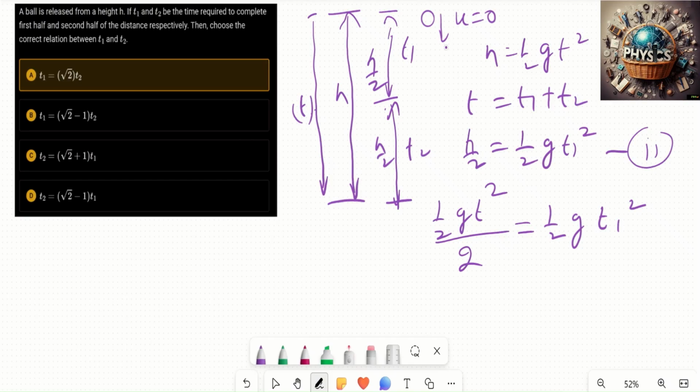Now this t being t1 plus t2, so half g anyways we can just remove it. So that's t1 plus t2 whole square by 2 is equal to t1 square, and this 2 I'm bringing here, so it is 2 t1 square.